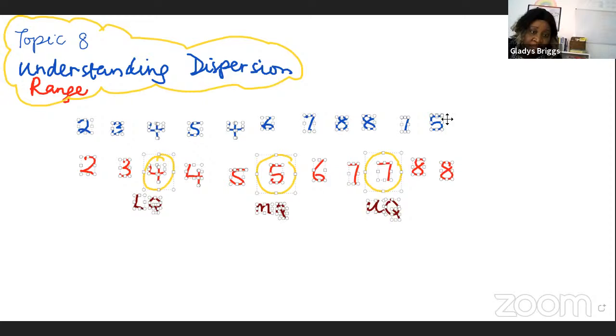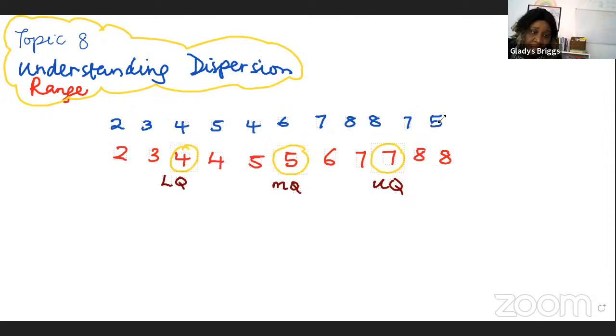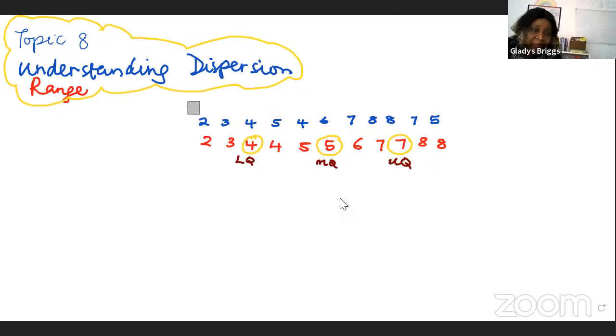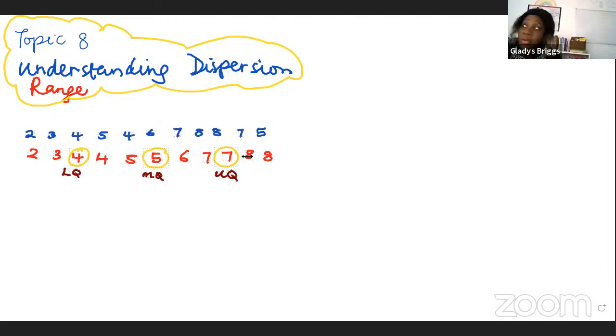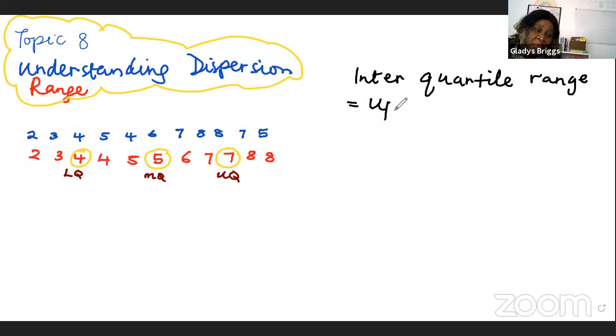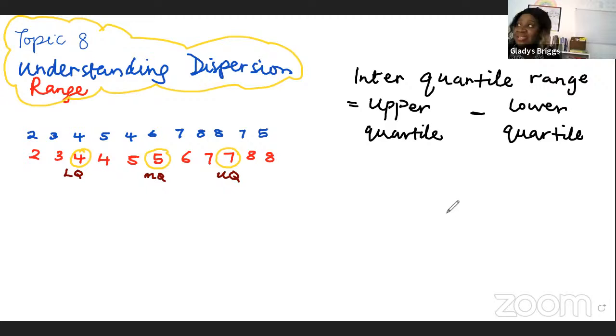The interquartile range is equal to the upper quartile minus the lower quartile.